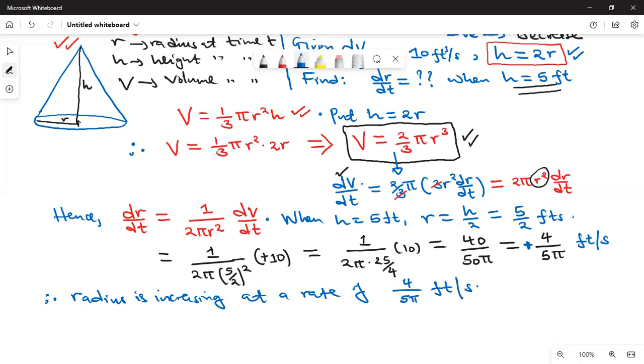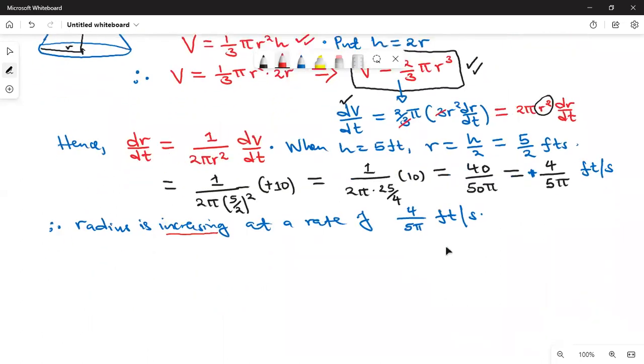Remember, increasing because the sign there is positive. Our value is positive. That's why it is increasing. So you see how this question is very simple. Let me give you another one that is also very, very easy.